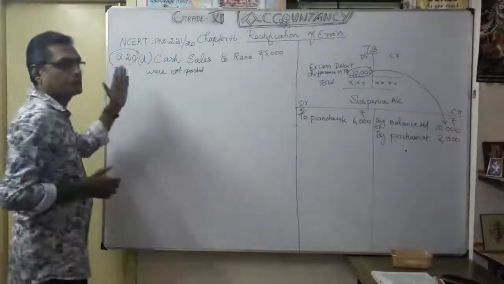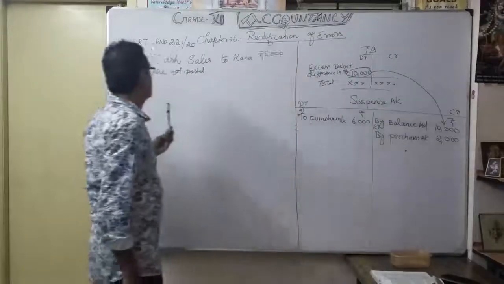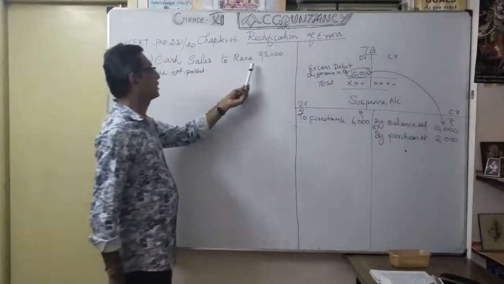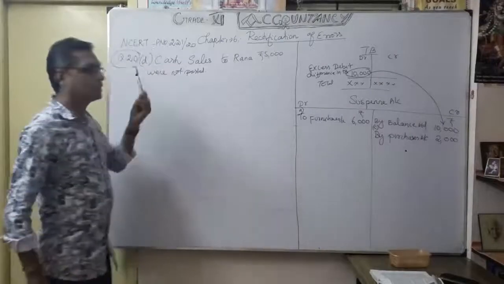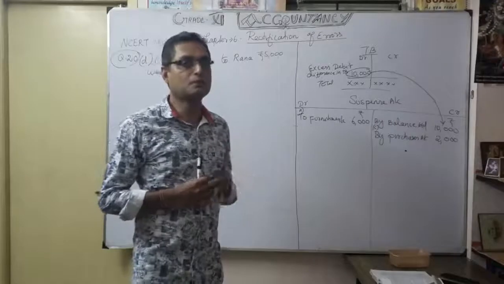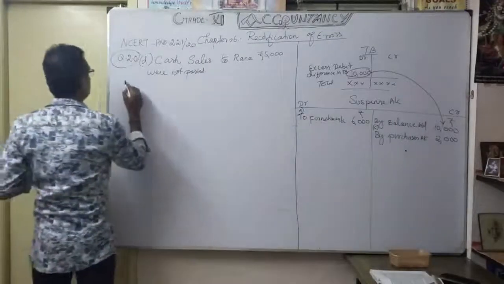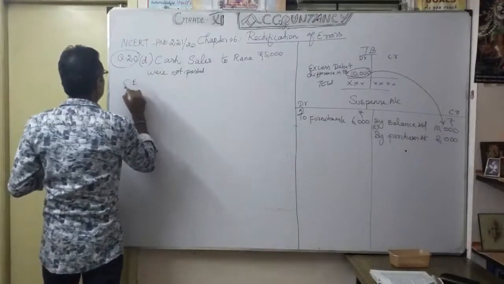So now let's see the fourth one, that is D. What they mentioned here? See, cash sales to Rana 5000 were not posted. So they not posted where? In sales account. So as you know very well, once cash is received, what is the correct entry? Here I write it as a correct entry for easy understanding.